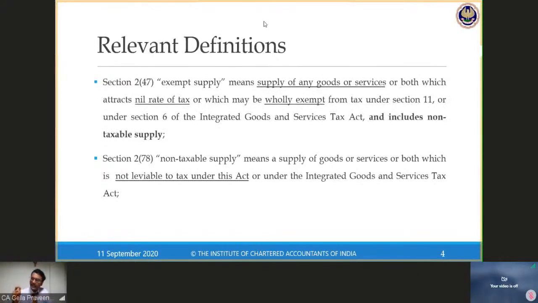Please make note in your working notes: section 9, subsection 3, notification 13 of 2017. This notification read with one more notification, 11 of 2017. So to answer this, my section 9 subsection 3, notification 11 of 2017, notification 13 of 2017.